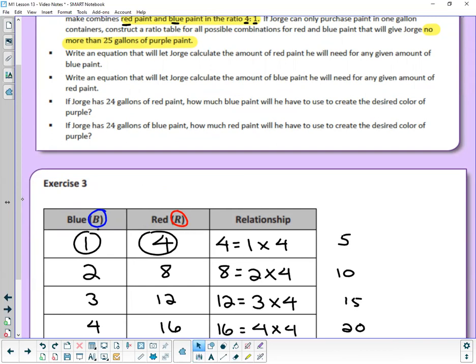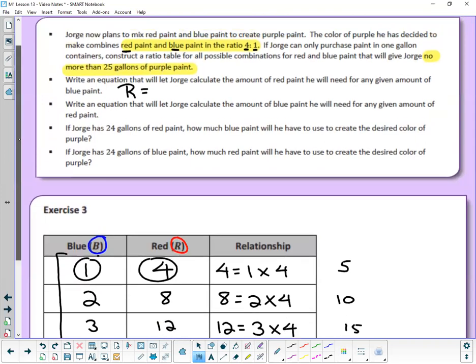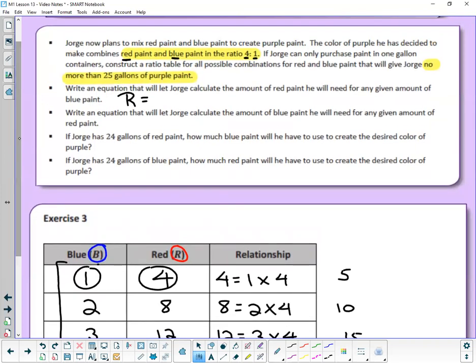In order to calculate the red, what would you do to the amount of blue? Well, you can see that no matter what my value is for the blue, if I multiply it by 4, I'm going to get the amount of red. So to get the amount of red paint, you take the amount of blue and you multiply it by 4.